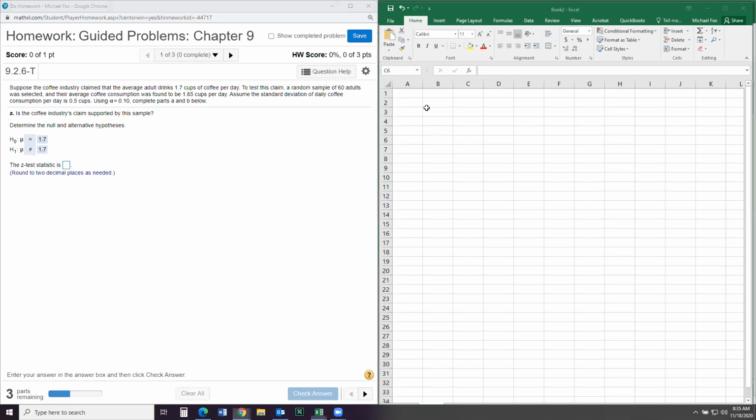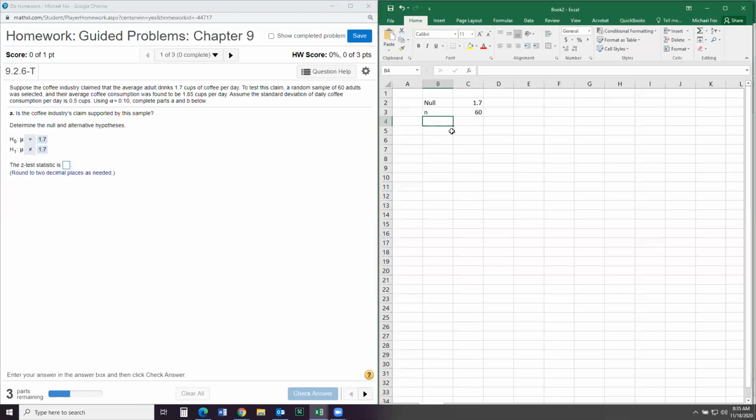All right, so now we have to calculate our z-test statistic. The easiest thing for me to do is to start with all the information I have. The claim or the status quo, I just call it null to make it easy for me, you can use a term that works better for you, is 1.7 cups per day. Our n, or sample size, is 60, because that's the number of adults we're sampling.